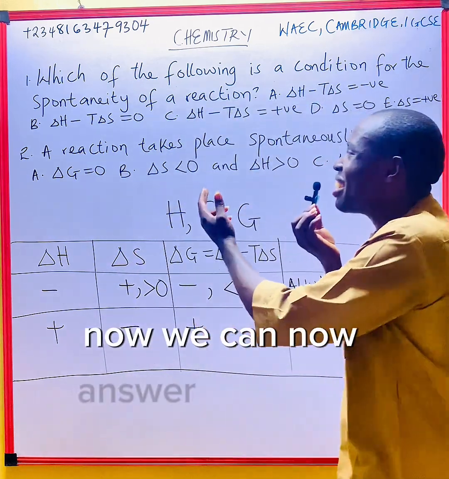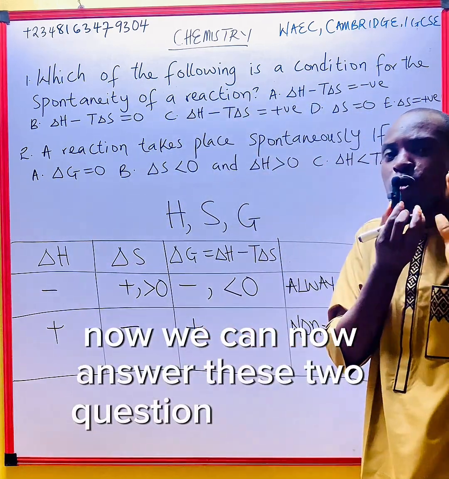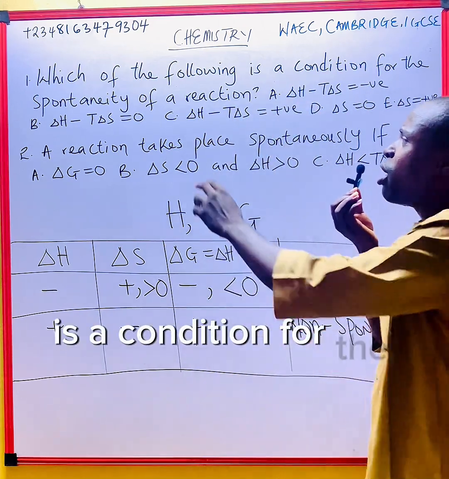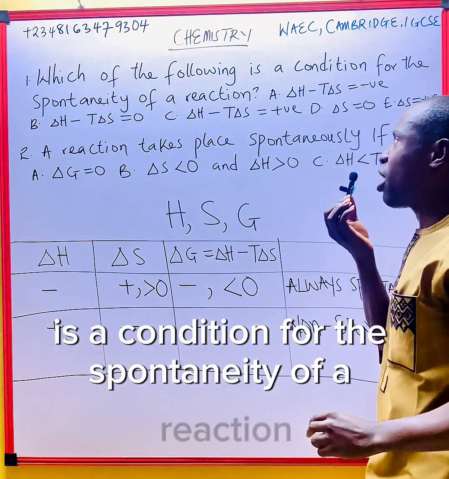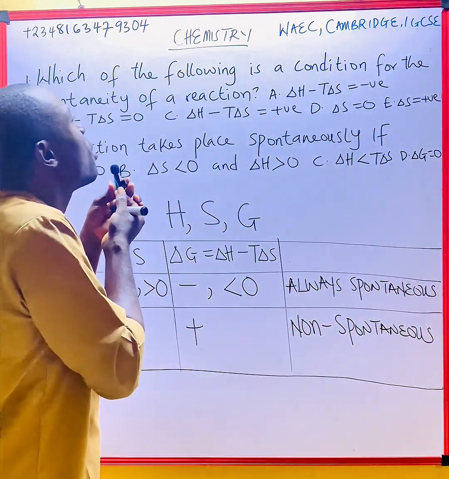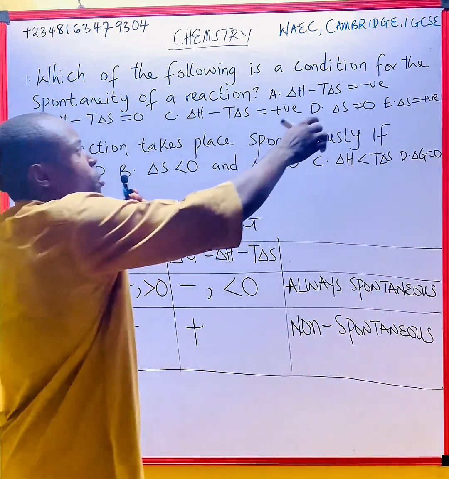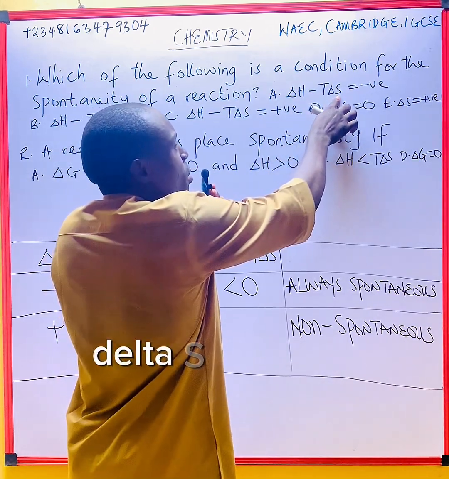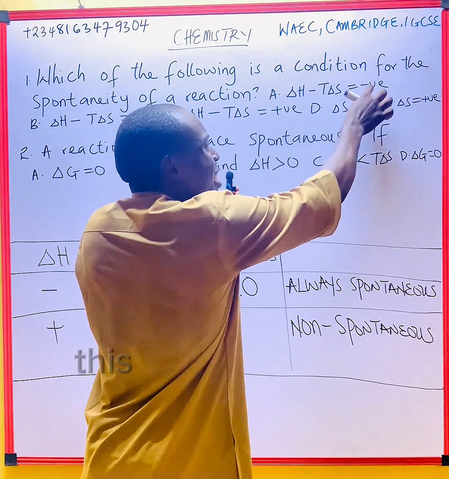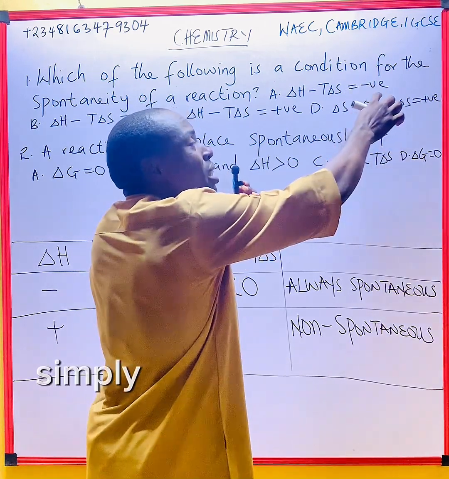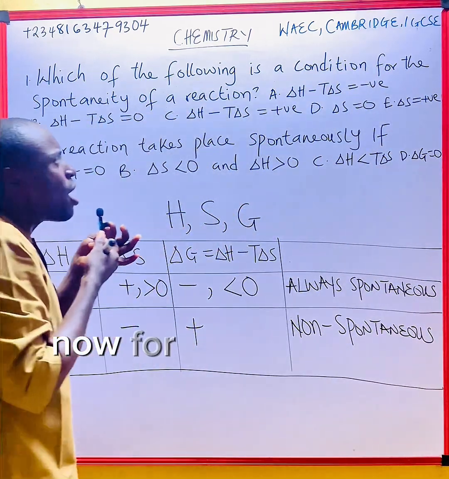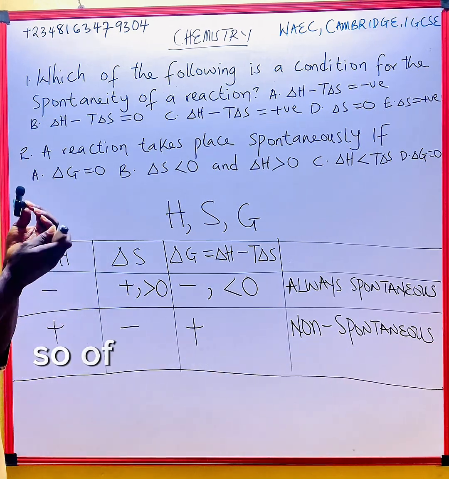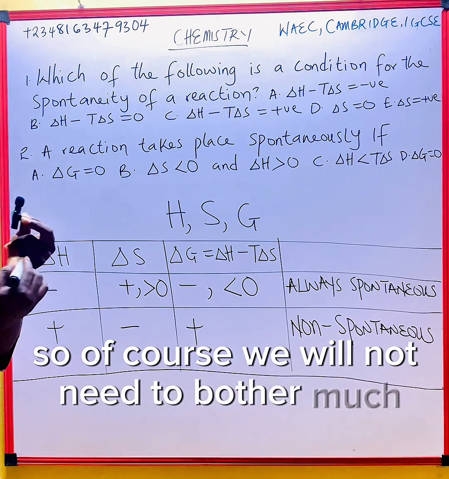Now we cannot answer these two questions with ease without wasting time. Which of the following is a condition for the spontaneity of a reaction? Of course, A here, delta H minus T delta S equal to negative, this negative here simply tells you delta G. For a reaction to be spontaneous, delta G must be negative. So, of course, we will not need to bother much.